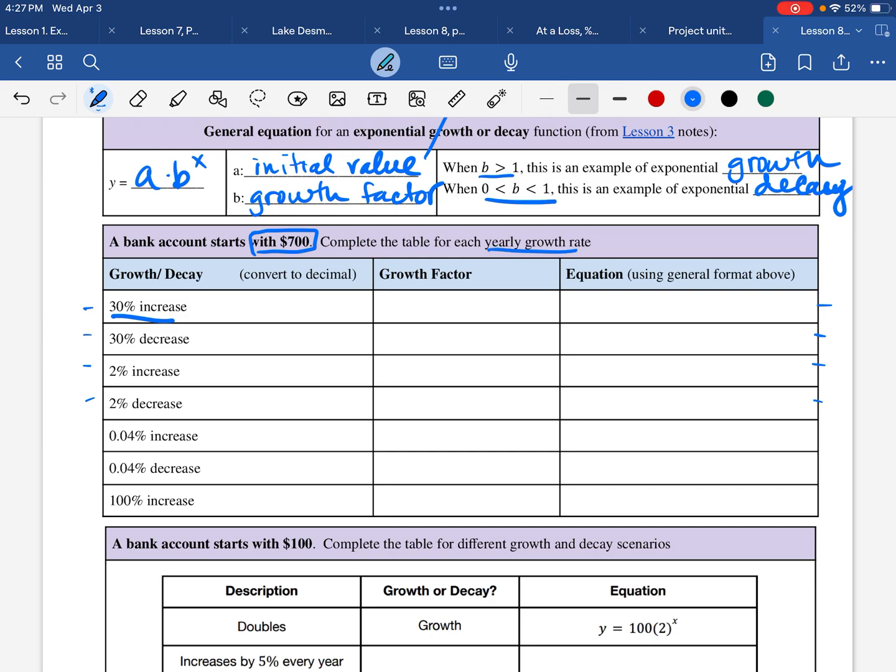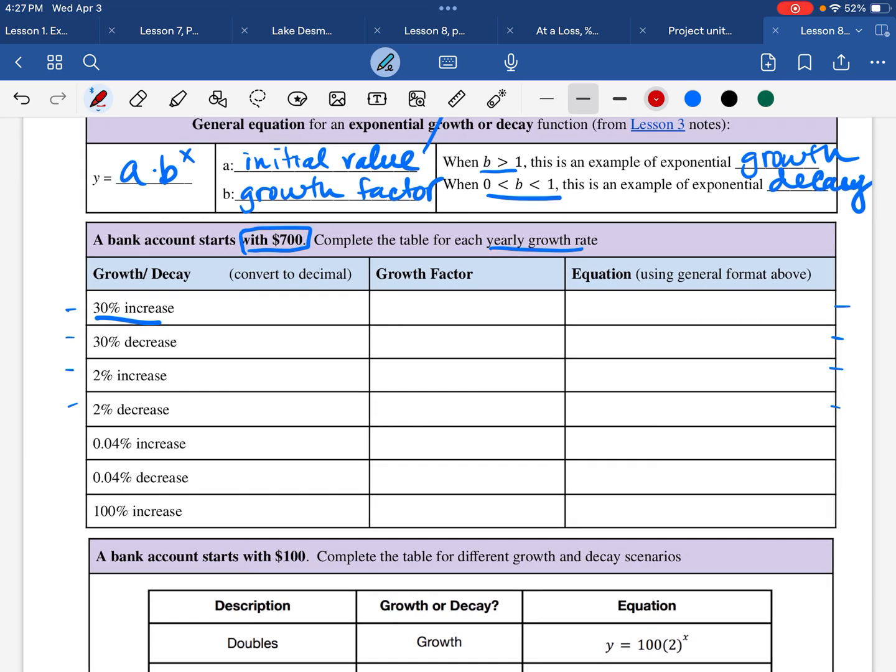And we know in math that we have to convert percents to decimals when we work with them. So we're going to move the decimal 2 times to the left, and that's going to be 0.30. And this is the same, but it's percent decrease, so this is also going to be 0.30 converted to a decimal.